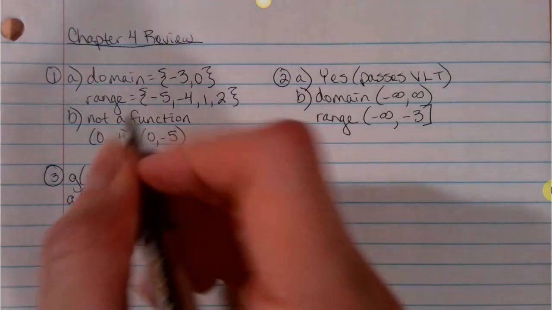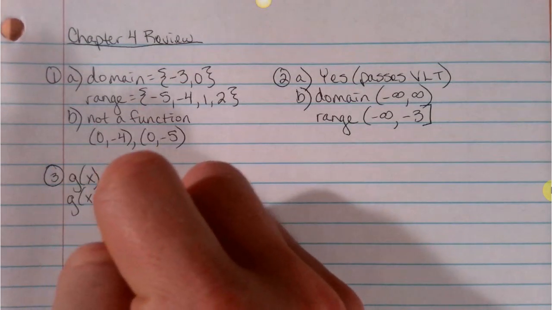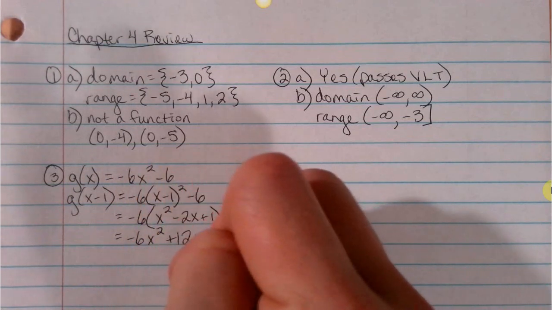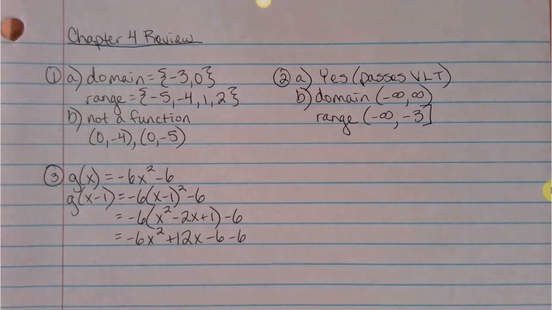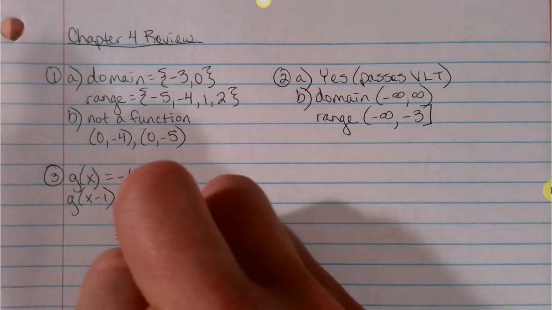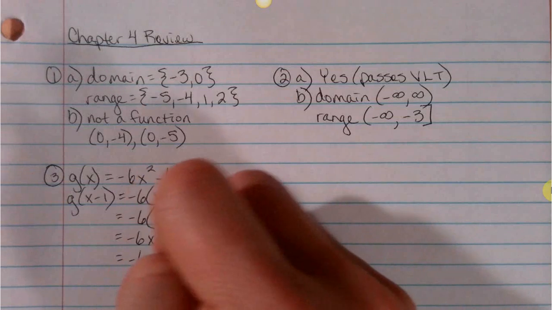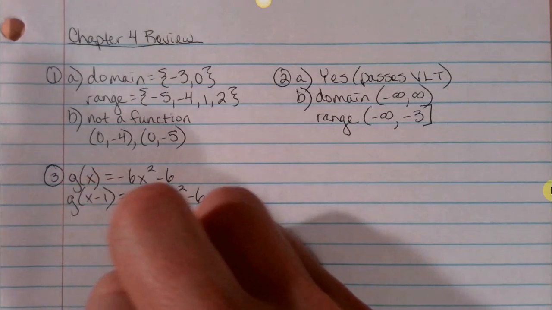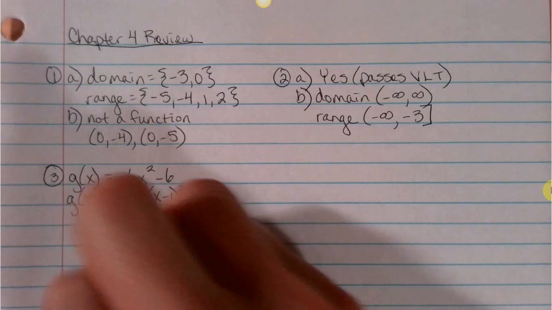And then we can distribute the -6 through the parentheses to get -6x squared plus 12x minus 6. And then bring down our other minus 6. And then combining these constant terms on the end would give us -6x squared plus 12x minus 12. And this would be our final answer.